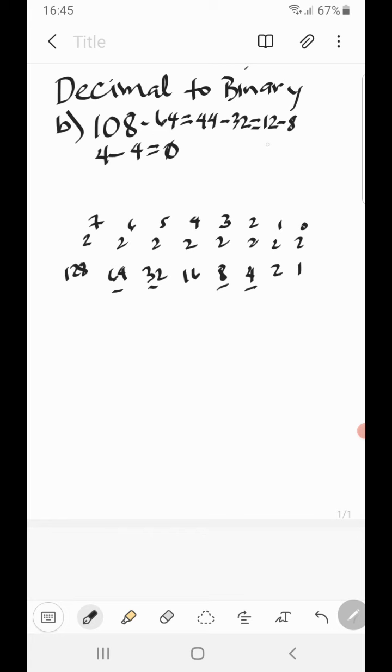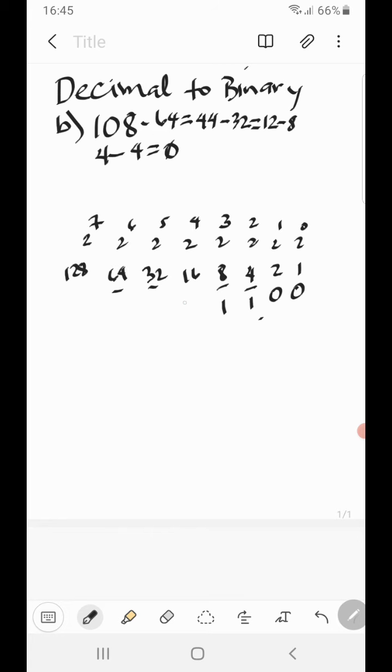Okay, with that in mind, and with the underline here, then we can put our bits. So anything that we did not use in the subtraction will be equivalent to 0. 0, 0. We use 4, so that is 1. We use 8, so that is 1.